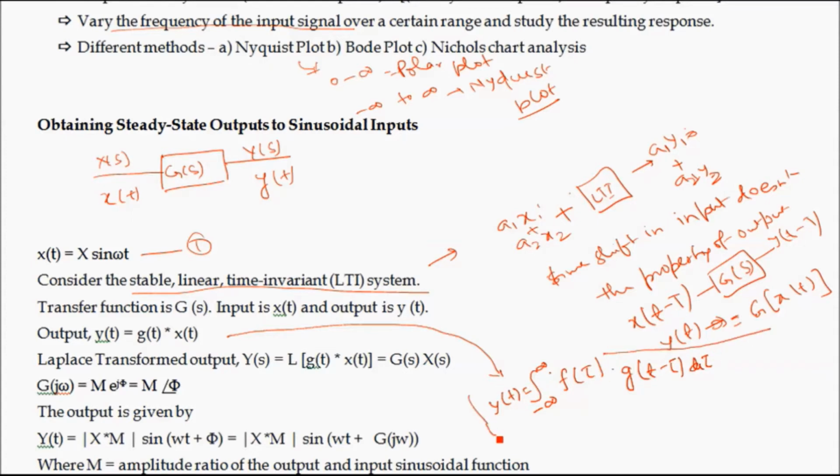So if you see this equation, this basically represents your convolution. It represents the amount of overlap between one function f(tau) and a reversed and translated version of the other function, that is g(t minus tau), and it produces a third function equal to y(t).